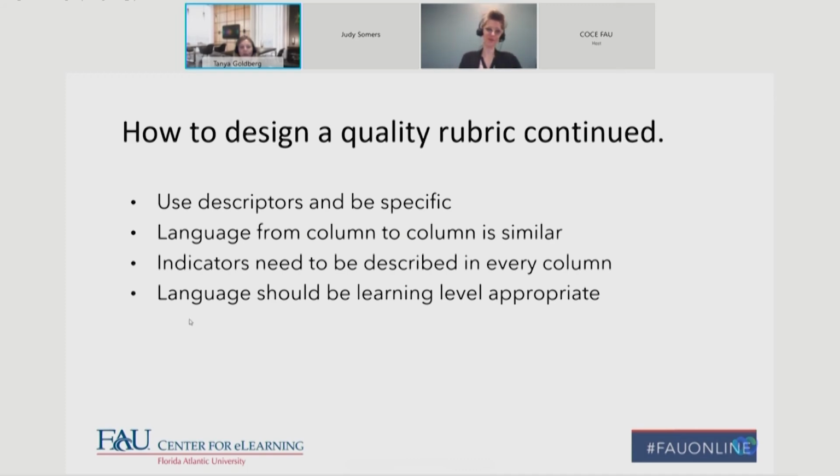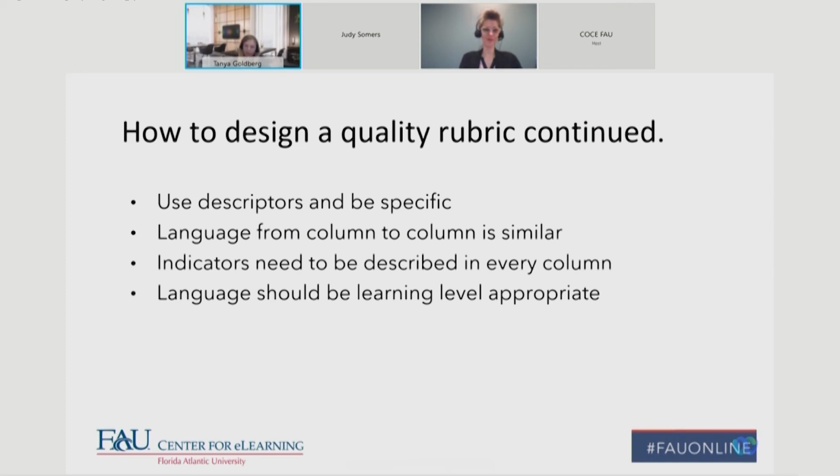So what else? So language from column to column is similar. So basically, if in one column you're talking about, let's just use sources as an example, maybe not the best example, but that's the one I'm going to use. So say in your excellent column, you want your students to use 5 reliable sources.